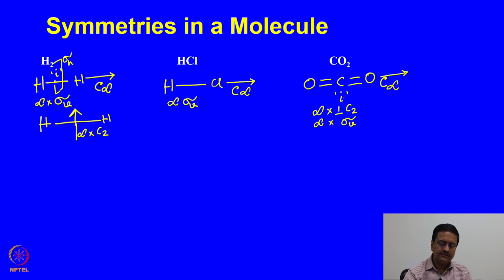By virtue of being centrosymmetric, this linear molecule has a sigma h as well. So, CO2 has all the symmetries that are present in the hydrogen molecule.